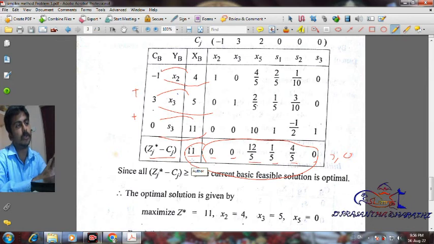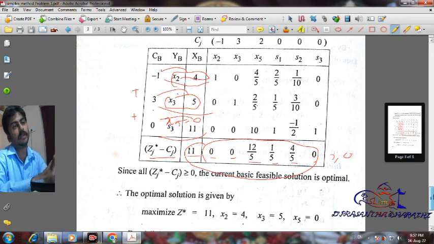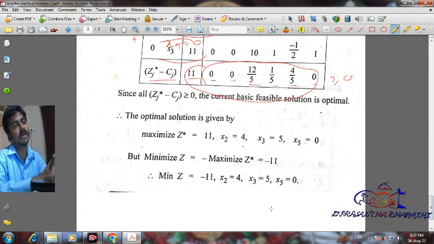So we can take this as maximize of Z star equal to 11 and X2 equal to 4 and X3 equal to 5, and there is no X5, so X5 equal to 0. This is our solution.